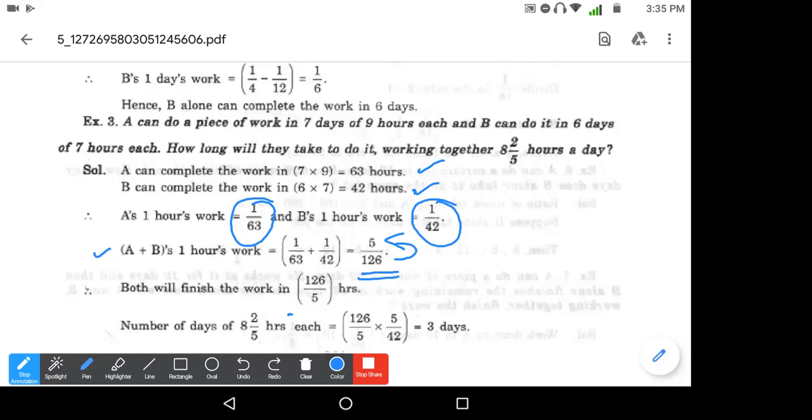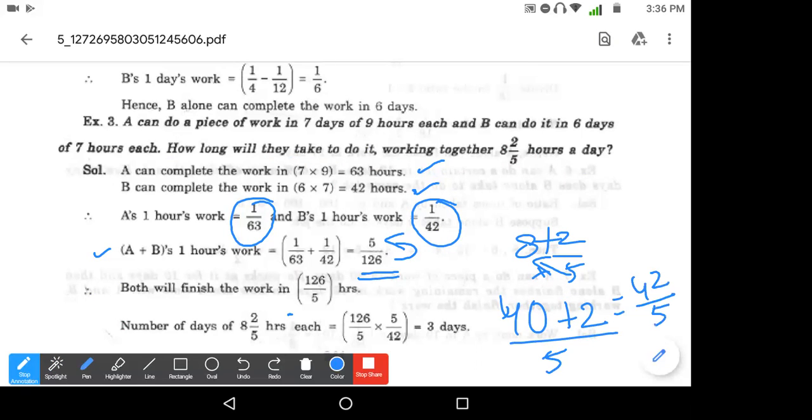How did I get it? By reversing the fraction. Now, if you go back to the question, how long will they take to do it working together 8 2 by 5 hours a day? Now, let us convert that mixed fraction. 8 2 by 5 is nothing but 5 into 8, 8 5s are 40, plus 2 is 42, so 42 by 5. So this again has to be reversed.